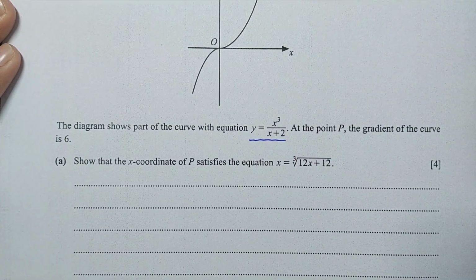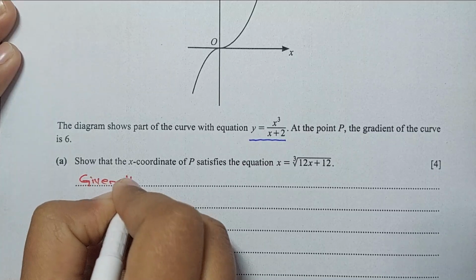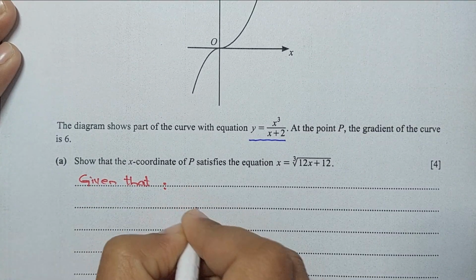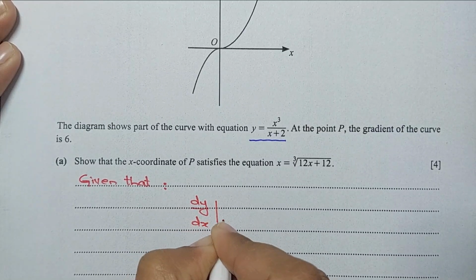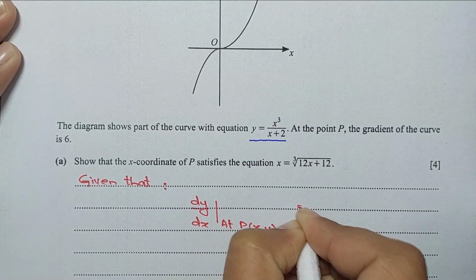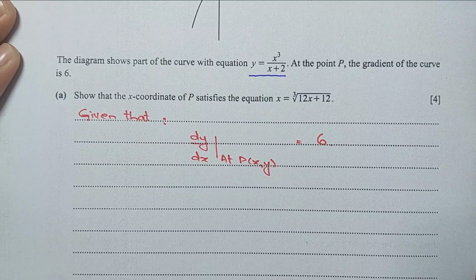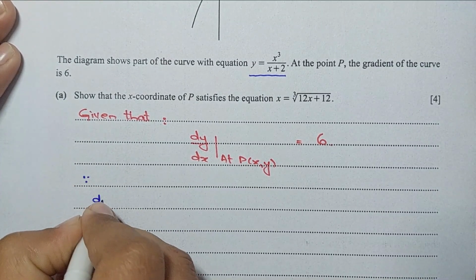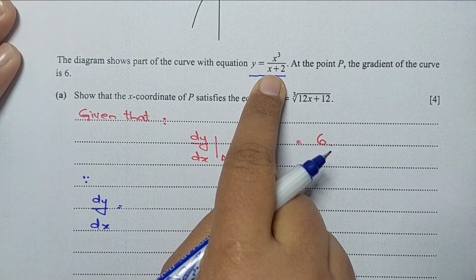Okay, so in the question we are given that the gradient of the curve dy over dx at P, some x, y, should be equal to 6. At point P, this is 6, right? So we need to figure out what dy by dx is here. For dy over dx, we need to apply the quotient rule, right?